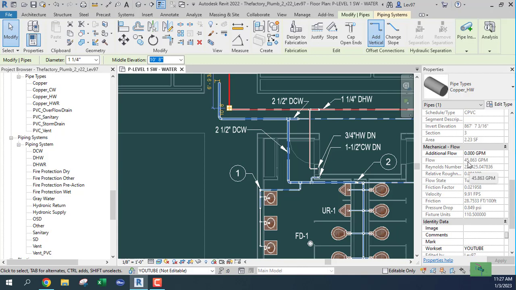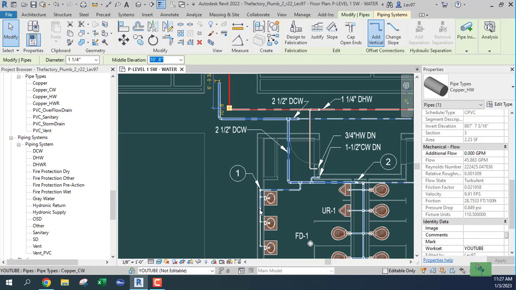Hunter curves for 100 fixture units for flush tanks is 44, and then it skips to 120 fixture units, and that's 48. So between 44 and 48, we get 45. So looks like on the hot water side, it catches up. The hot water catches up to the Hunter curves, and it's probably pretty good after that.